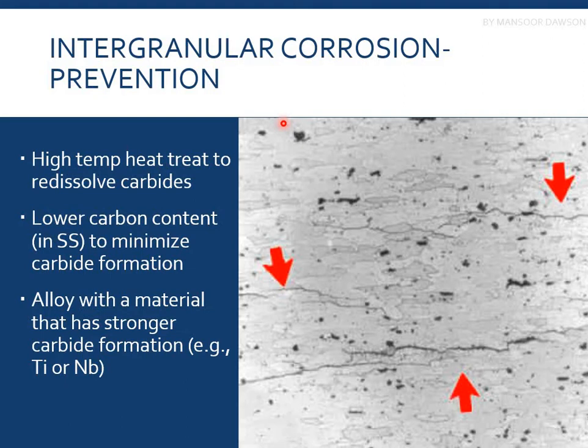And you can also use some alloying elements while making your stainless steel, such as niobium or titanium, which have a very high tendency of forming titanium carbides and niobium carbides compared to chromium, because the affinity of titanium and niobium with carbon is more than that of chromium, so they would react first.